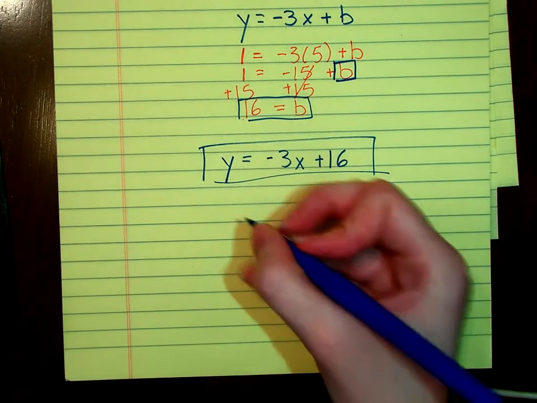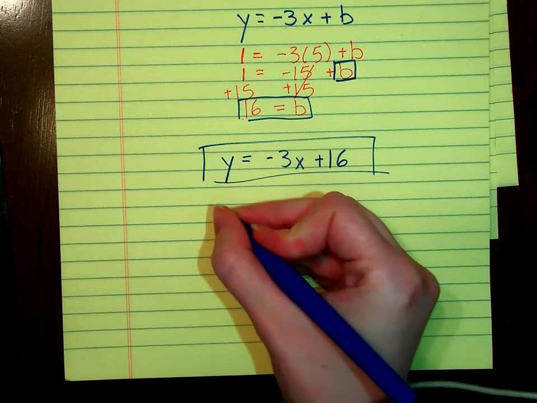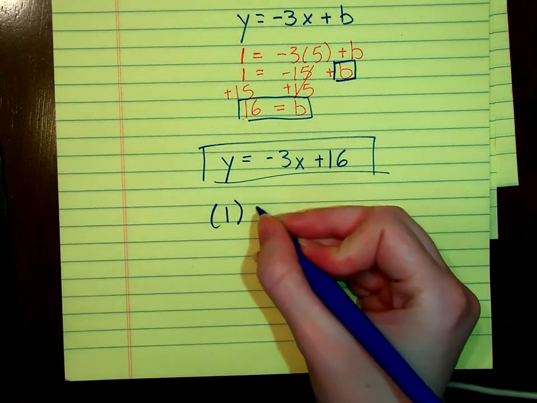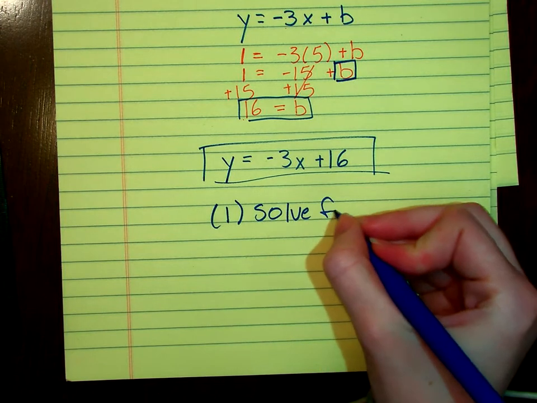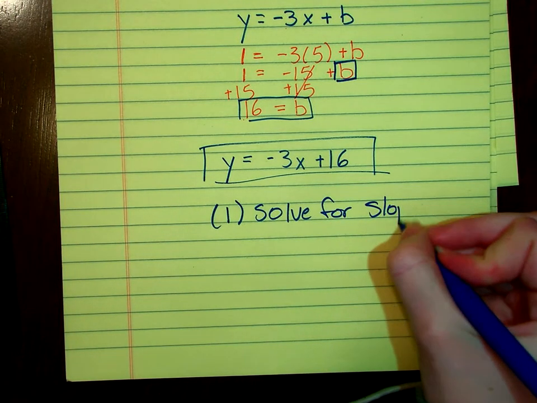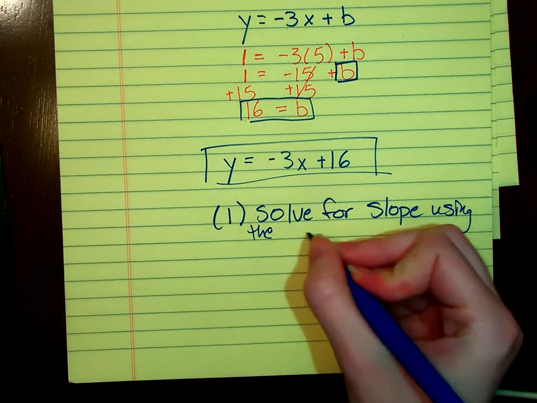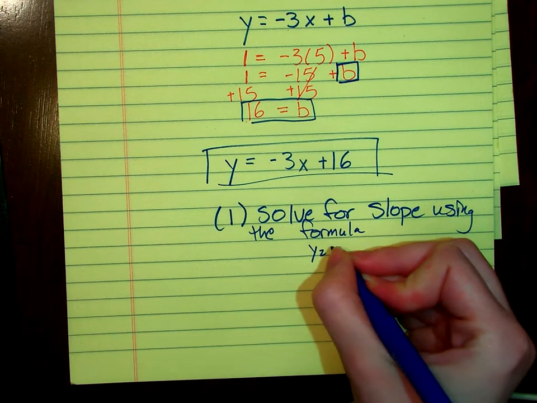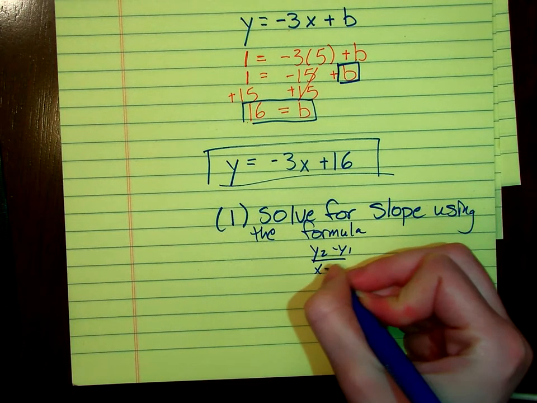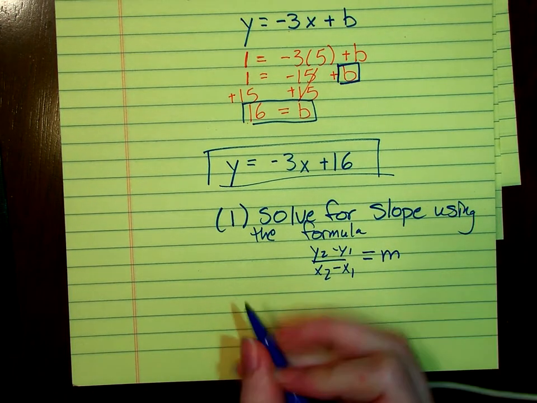So I'm about to write out these steps. You should absolutely write these steps in notes. Your first step is always solve for slope using the formula y2 minus y1 over x2 minus x1, and that gives you m.